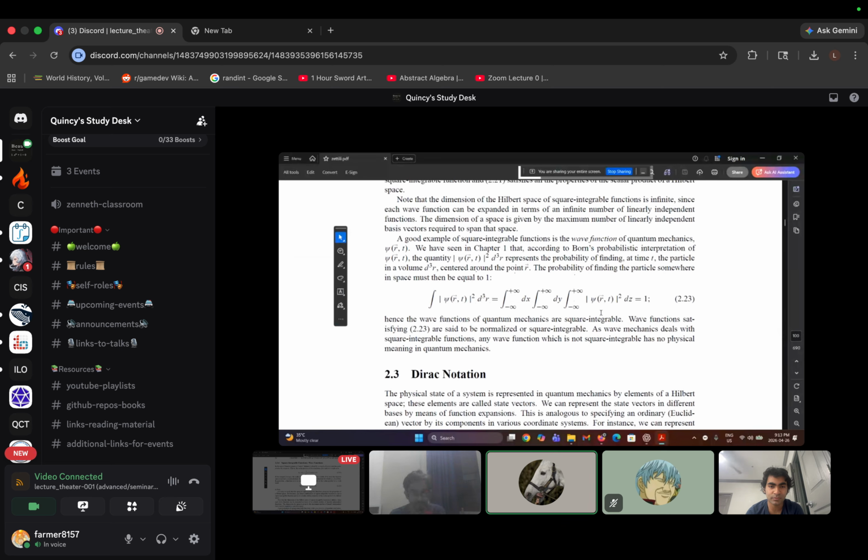We use it because, if I'm correct, the square integrals represent the amplitude of a wave or a signal, so it's proportional to its intensity or the power density. Yeah, that makes sense. Good to know. Okay.